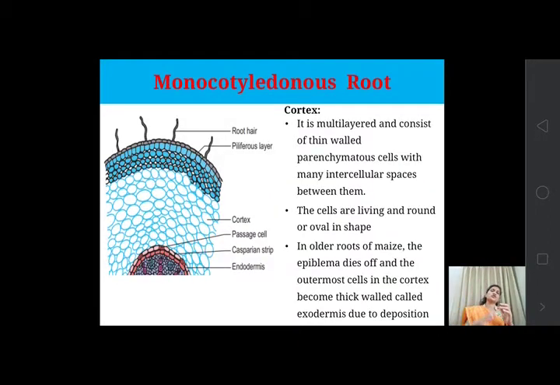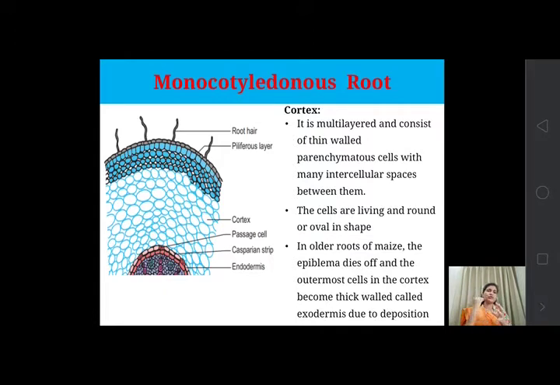Now next to the rhizodermis there is the cortex. This cortex is multi-layered and consists of thin walled parenchymatous cells with many intercellular spaces between them. As these parenchymatous cells are thin walled, they show intercellular spaces and are not compactly arranged.